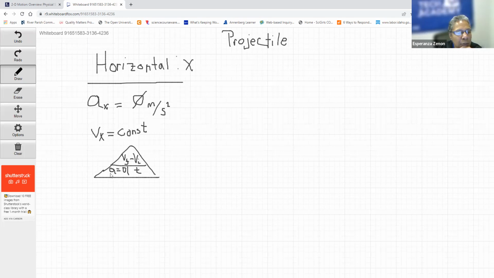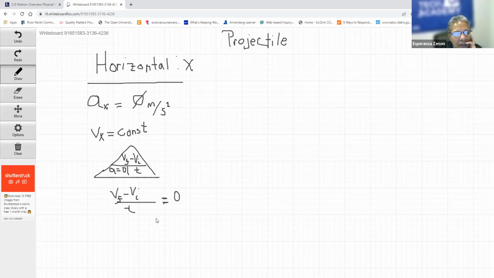Well, if A is 0, that means you don't even have to bother with that. The only thing you have now is VF minus VI over T equals 0.